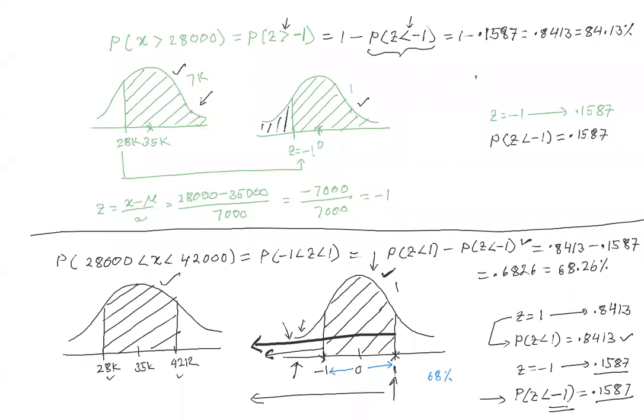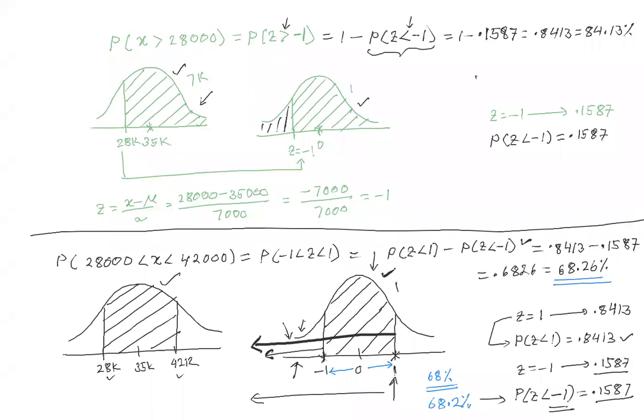Remember, back when I talked about the empirical rule, I told you if you move one standard deviation to the right and one to the left, you include roughly 68% of the total data. And then I said, if you want to be a bit more precise, just say 68.2% of the data. But in reality, it is 68.26% of the data.